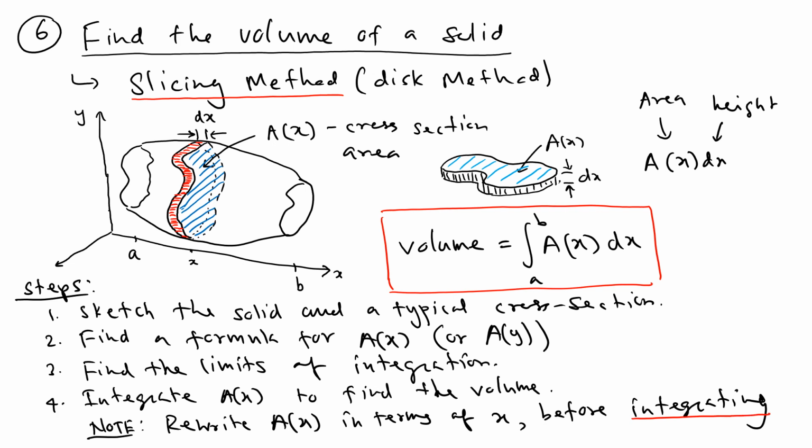So if it's a dx problem, you have to express A(x) in terms of x. If it's a dy problem, you have to express A(y) in terms of y. That's the difference between the two.